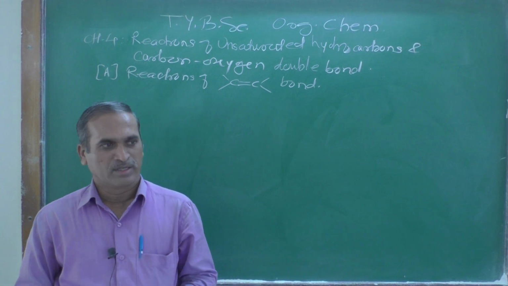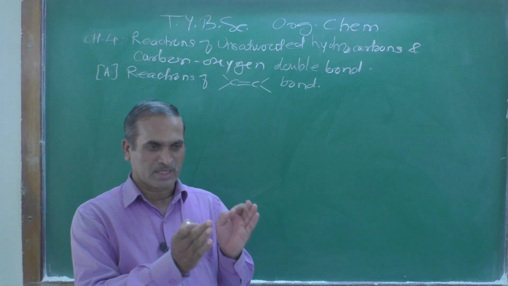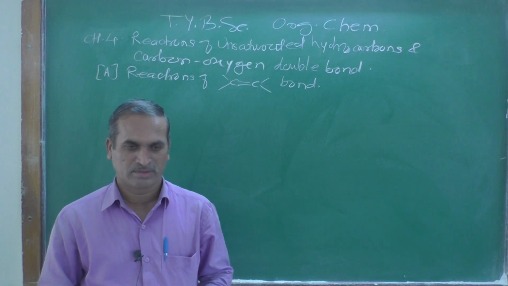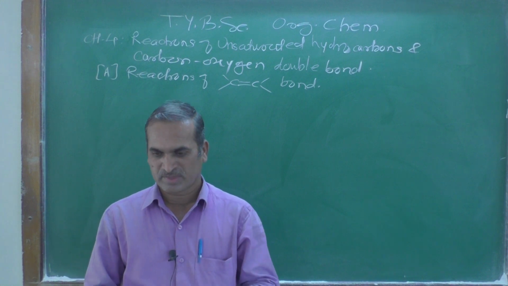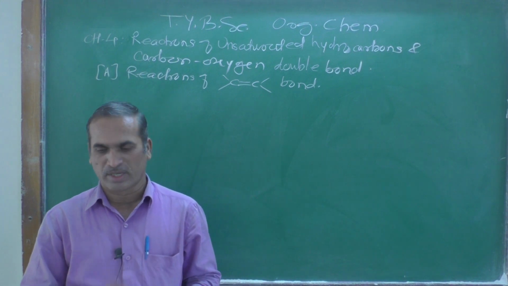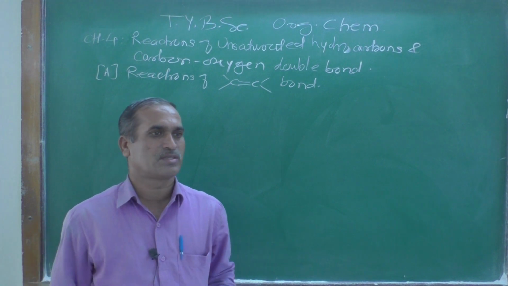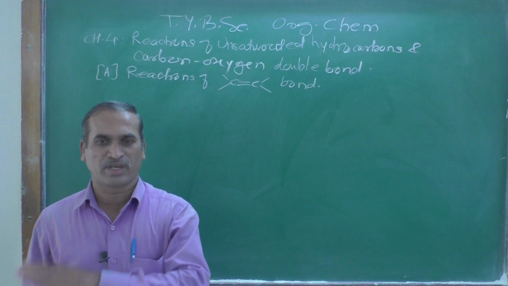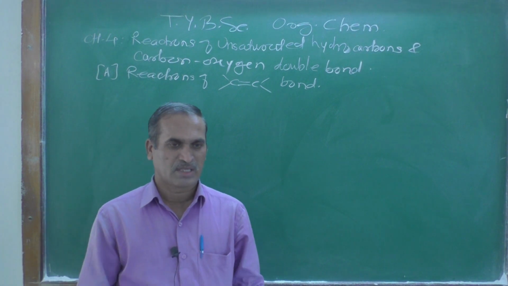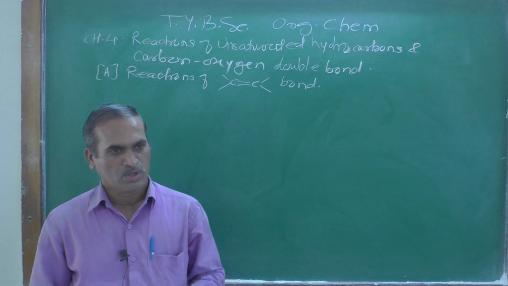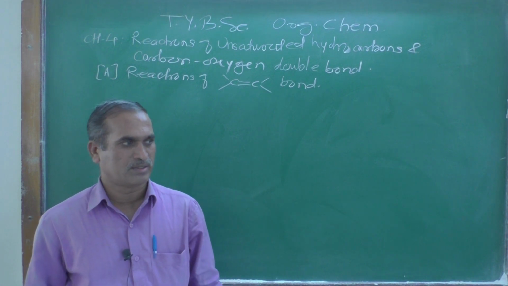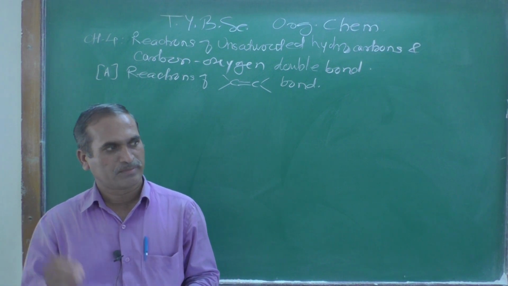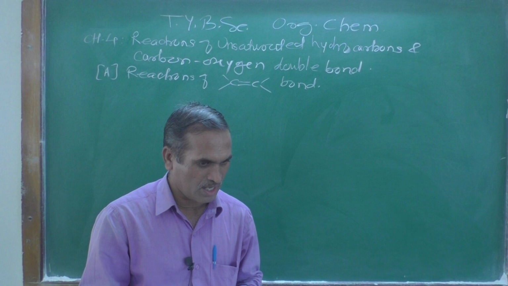So, what did we discuss yesterday? Yesterday, we discussed chapter number 3, which is nucleophilic substitution at aliphatic carbon. In that, we learned what is meant by a nucleophilic substitution reaction and what types of reaction there are.